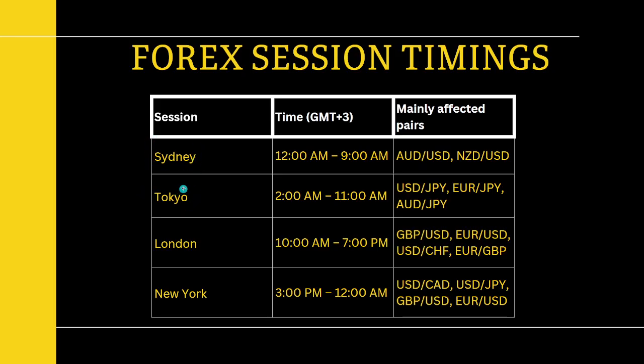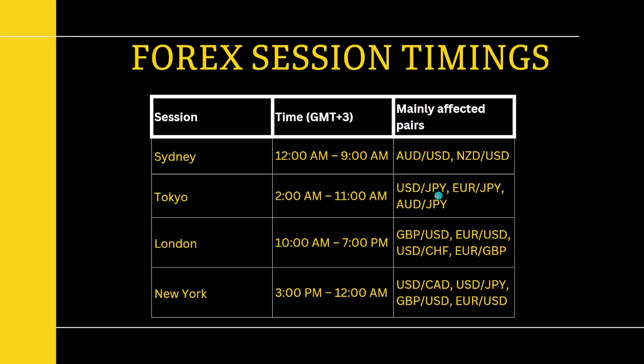The second session we have is Tokyo, and by the way, Sydney and Tokyo are sometimes combined together and called the Asia session. So if you hear Asia session, it's more popular than Tokyo and Sydney. It's basically the Sydney and Tokyo sessions combined together. The Tokyo session is from 2 a.m. to 11 a.m. GMT plus 3, and the best pairs are the ones that include JPY.